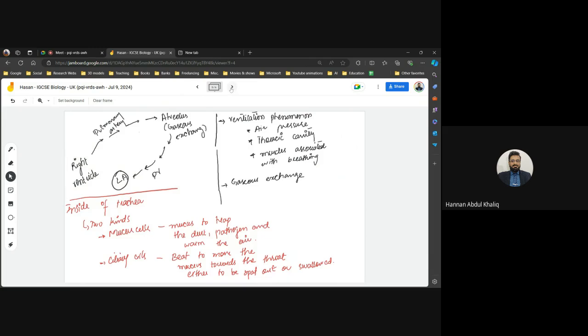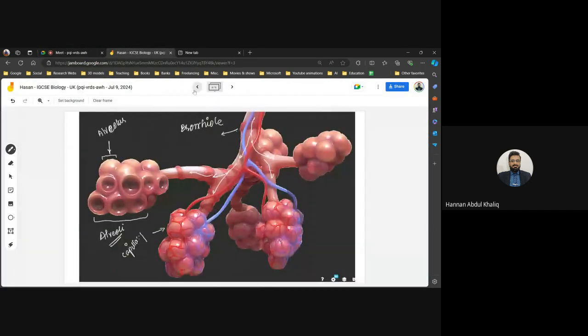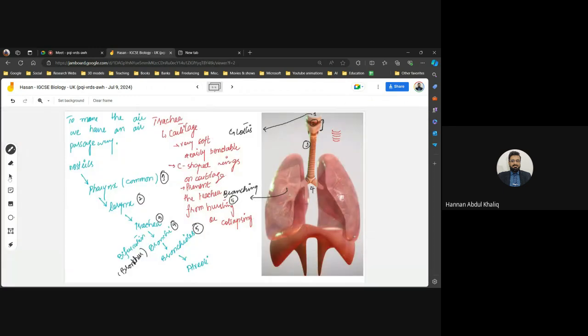What are the essential things in the trachea that would be working for us? Okay, now talking about the same picture again. Let's copy it again.